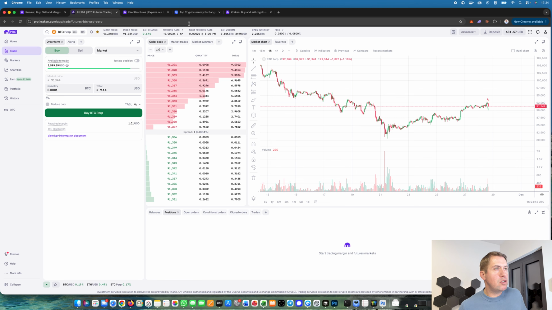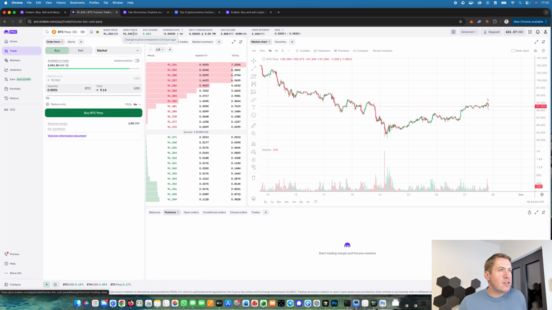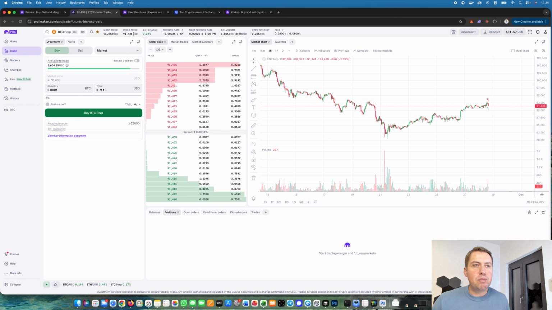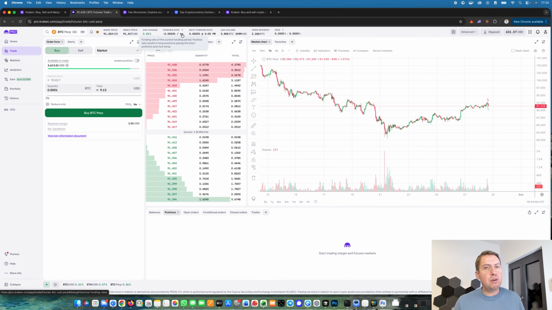And one more thing I want to talk about is the funding rate. So when it comes to perps, it really matters if more people are long or short. In crypto, most of the time, most people are long. That's why you usually have a positive funding rate. Right now, it's negative. That basically means that more people are short than long. And if you are long right now, as we were before, we would be basically paying this funding rate every hour.